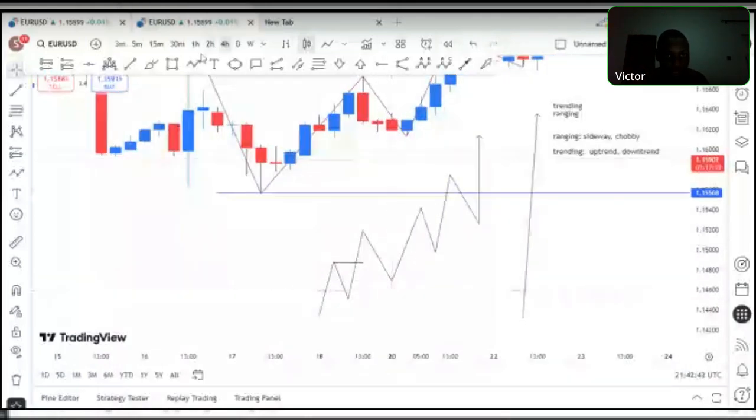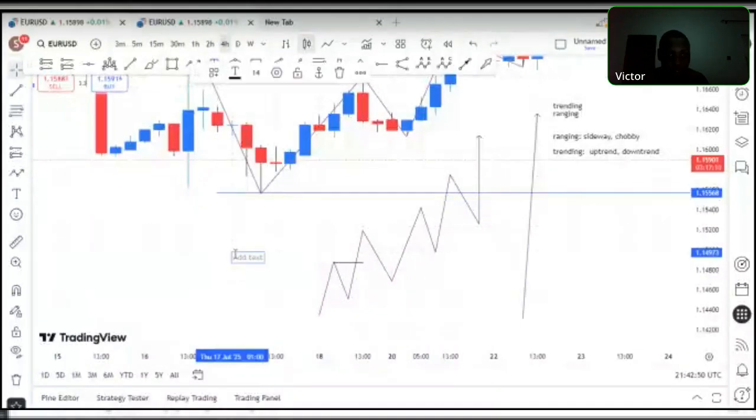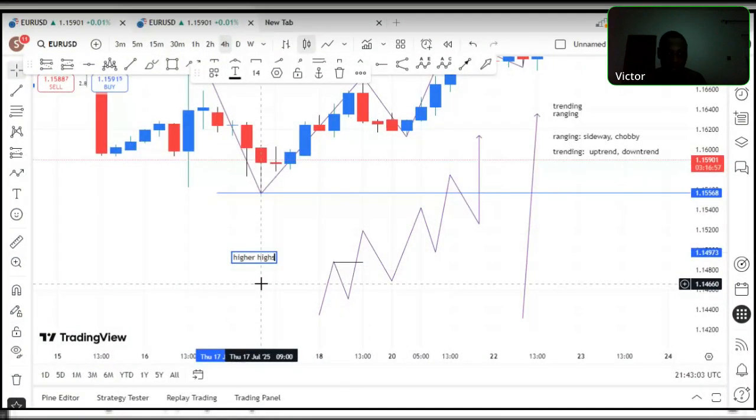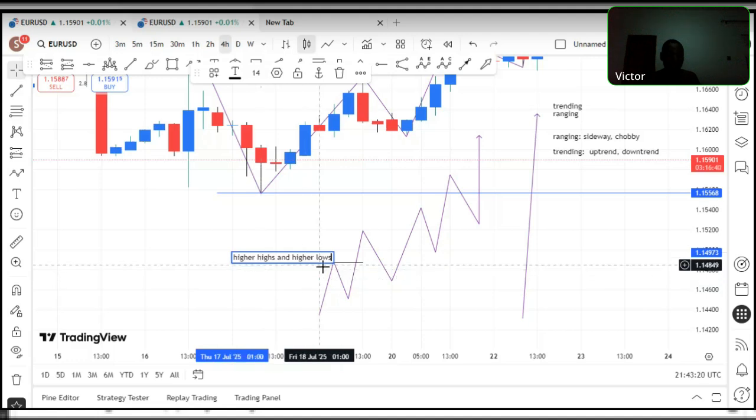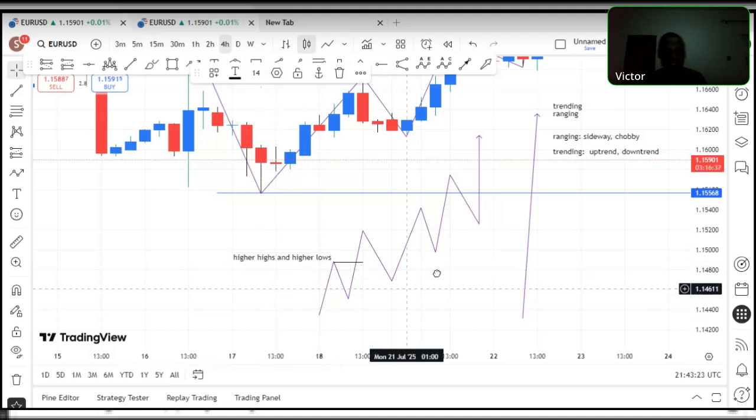For you to have an uptrend, it consists of higher highs, H-I-G-H-E-R, higher highs, and higher lows. Yes, higher highs and higher lows. That's what creates an uptrend.